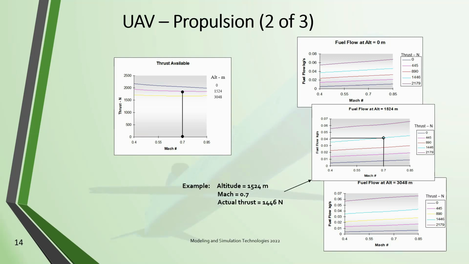We cruise at 0.7 Mach, and the thrust we need here to maintain that cruise is 1446 newtons. So we go into this table at 0.7 Mach and the thrust, and then we see that our fuel flow in kilograms per second is about 0.04.